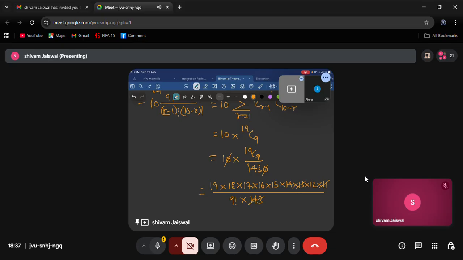We can do some cancellation: 9 times 8 factorial, 9 times 2; then 8 factorial, 7 times 6 factorial; then 6 times 5 factorial, 5 times 4 factorial. 4 factorial is 24. So 24 times 3, 2, 2 and 1, 2 gets cancelled. I'm getting 19 into 17 into 2, which is 646.